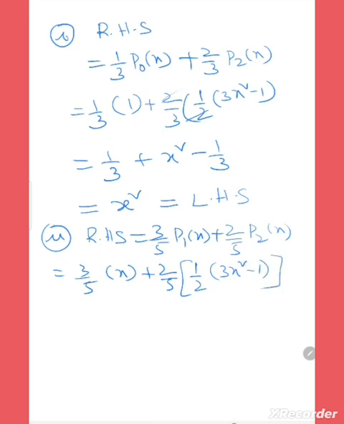So this is equal to 3/5 into x, 2 gets cancelled, plus 3/5 of x square minus 1/5. So overall 3/5 is common.